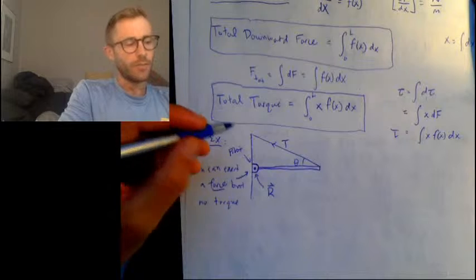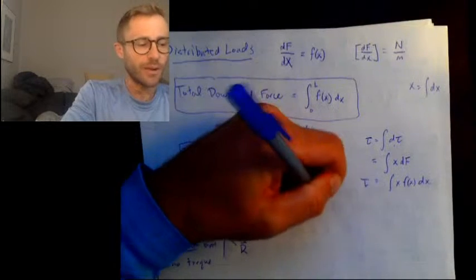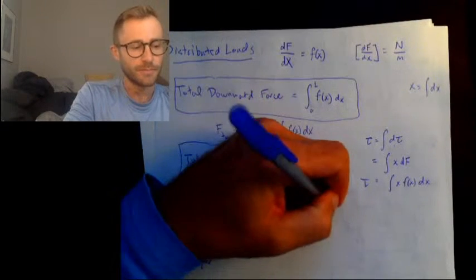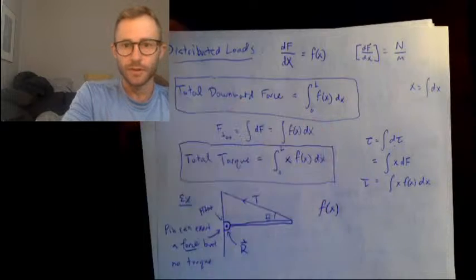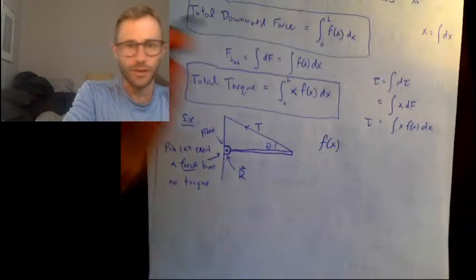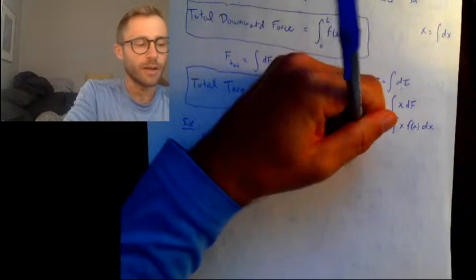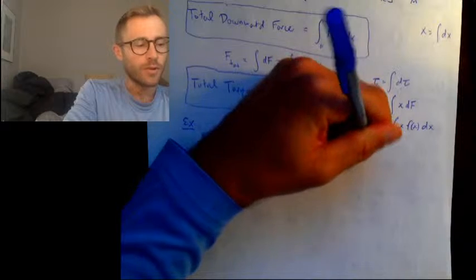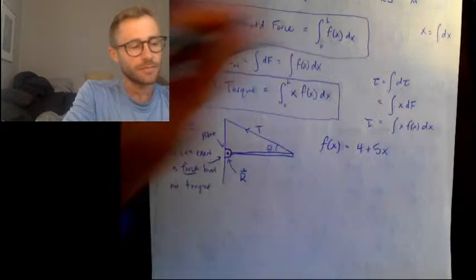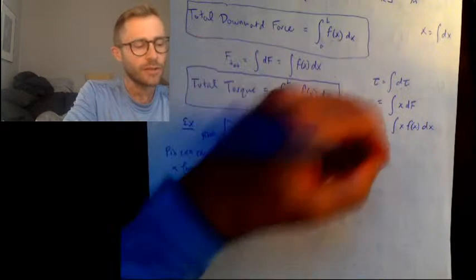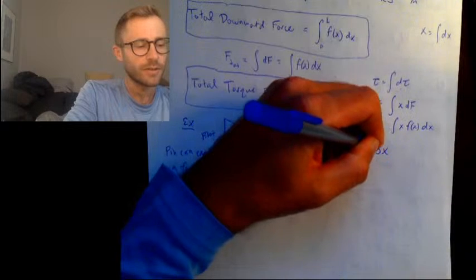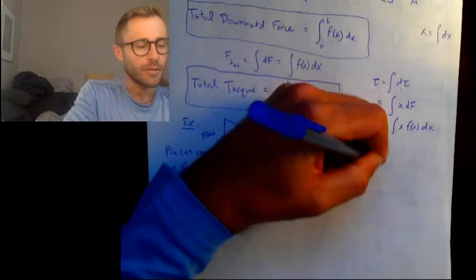And we are going to assume that there is a downward force on the beam. This is the downward force density on the beam, and it's given by 4 plus, how about 3x?